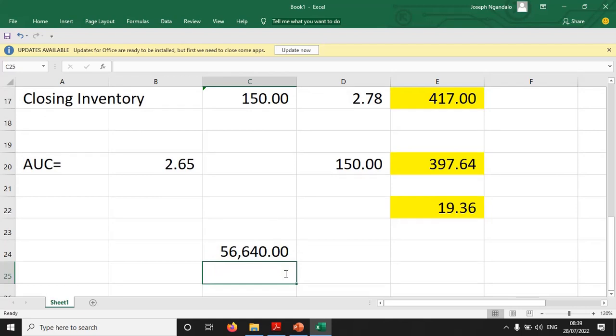Yes, that's correct. Let's proceed to the next one. We had to remove the 20 because by the close of business on December 31st, he didn't have the 20 units. He had sold them, right? So closing inventory therefore cannot include 20. Is that okay?